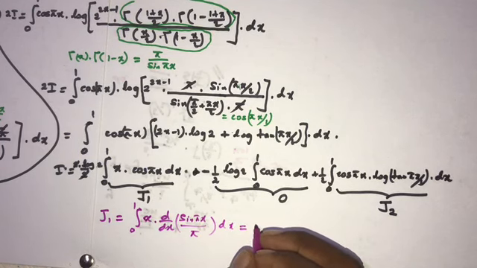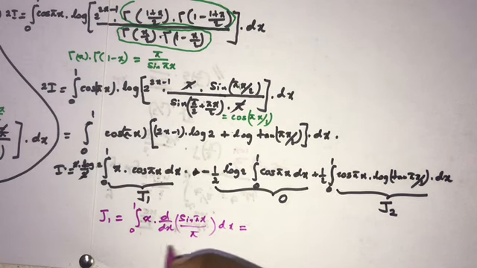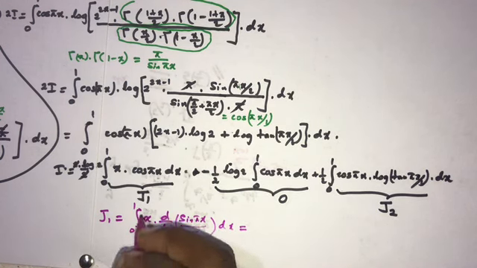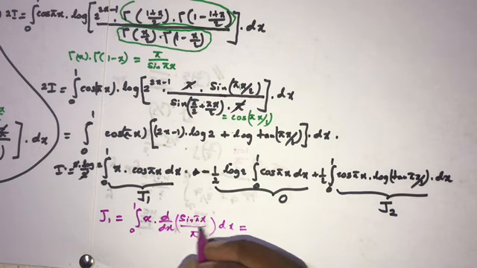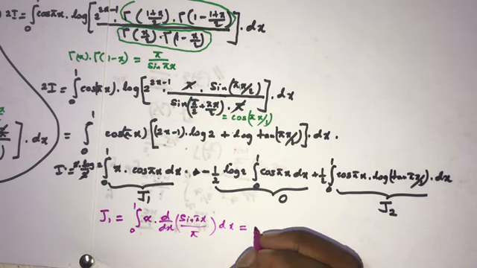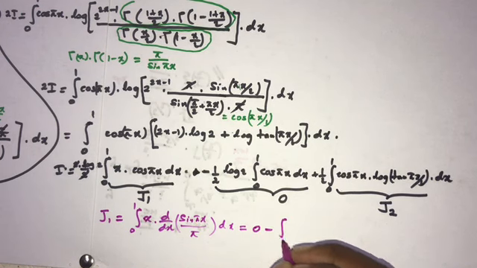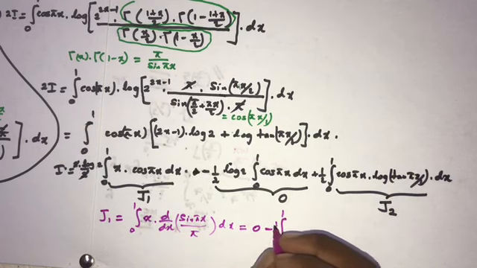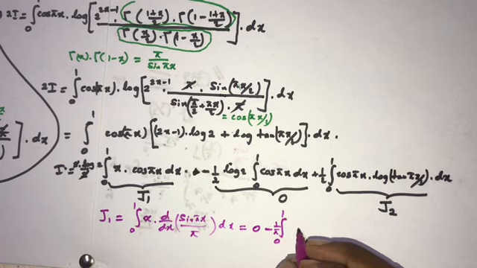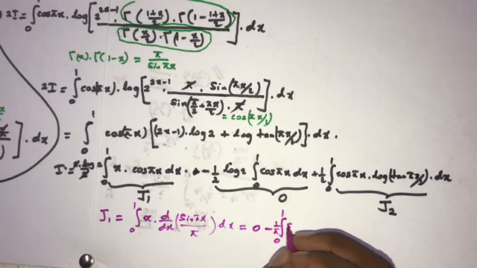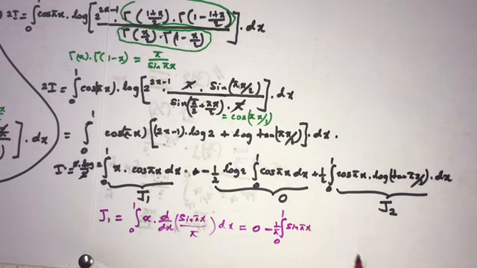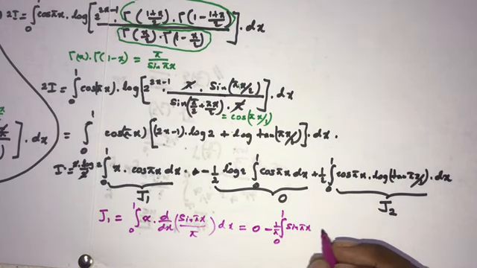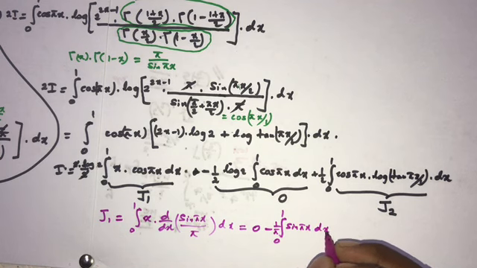Then we can write this as the product of these two functions from 0 to 1. If we plug in 1 and 0 into sine of pi x, we get 0. So 0 minus the integral from 0 to 1; here 1 over pi is a constant, and the derivative of x, we know, is 1, so dx.